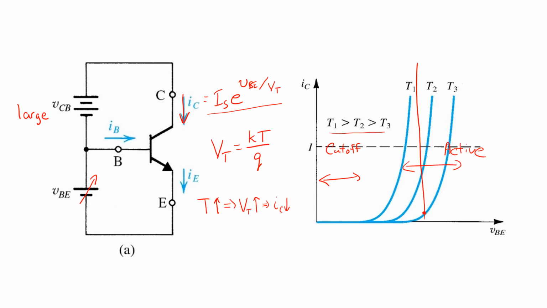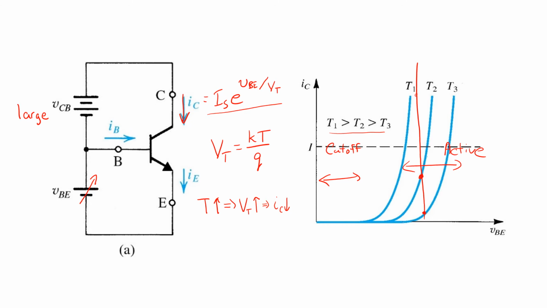The heat dissipation in turn elevates the temperature of the BJT. The elevated temperature, however, causes this voltage-current relationship to shift to the left, which then causes the current to increase.